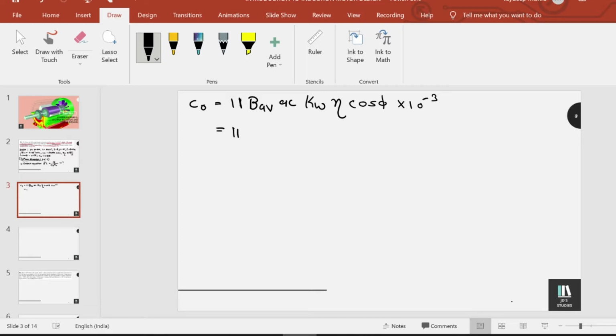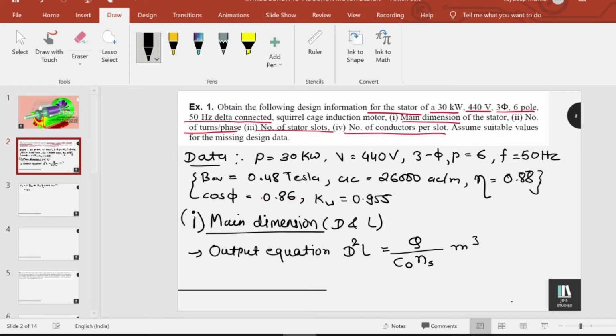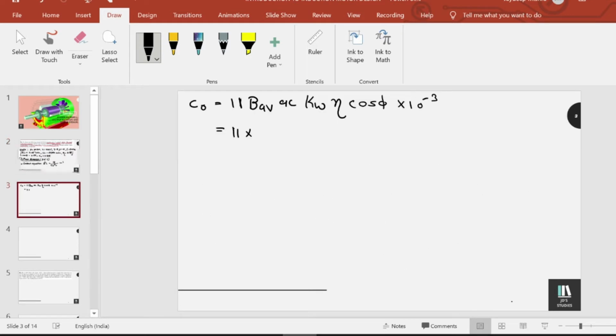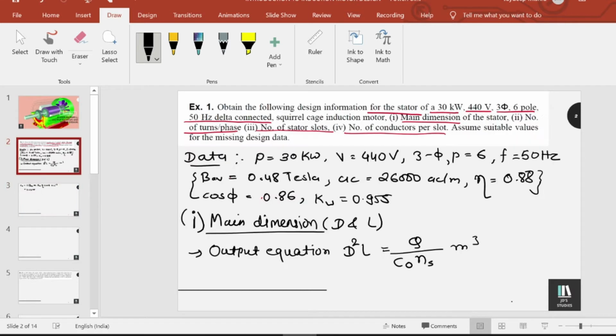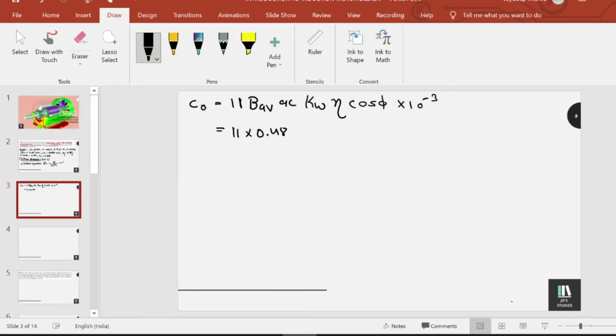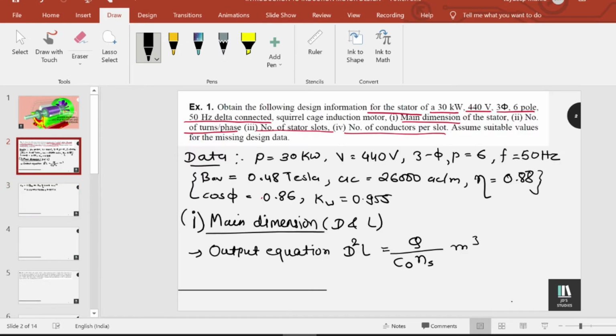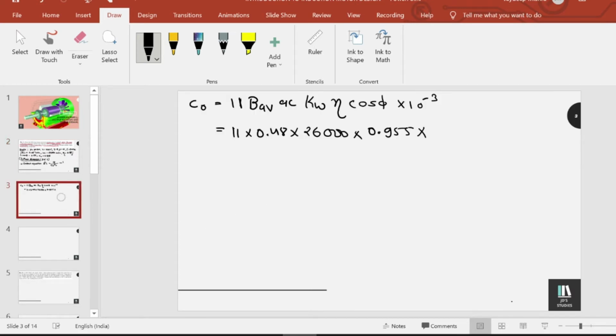All these things we have considered. BAV we will consider 0.48 Tesla. What is the value of electric loading? 26,000, so we put 26,000. Winding factor 0.955. Then full load efficiency, and power factor is 0.86, so we put 0.86, then 10 raised to minus 3.